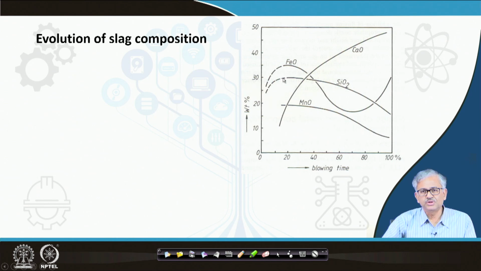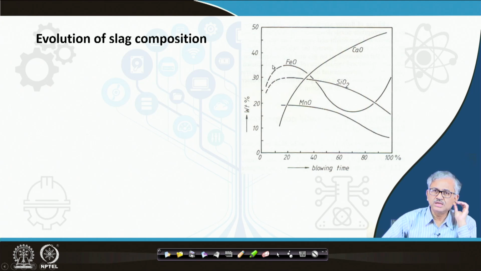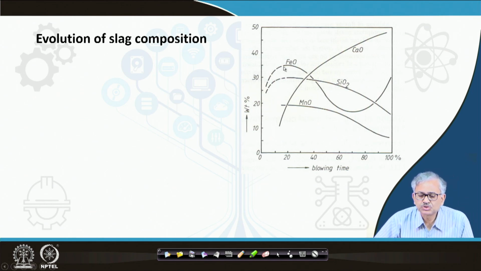This is the only impurity load, because the phosphorus removal does not take place till the basic slag forms, and it forms after some blowing period. Okay. So, the only load in the initial period is the silicon and manganese, right. Silicon and manganese is the only load, so FeO is consumed by the silicon and manganese to some extent. Okay.